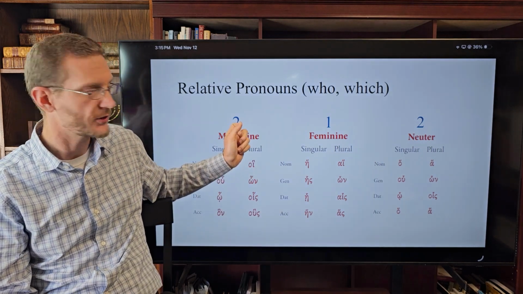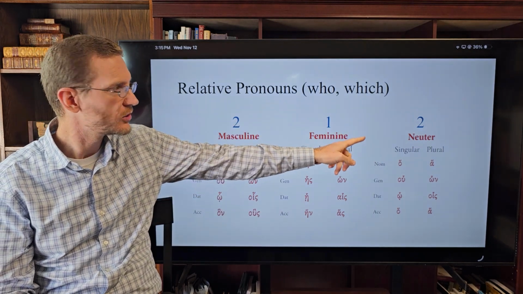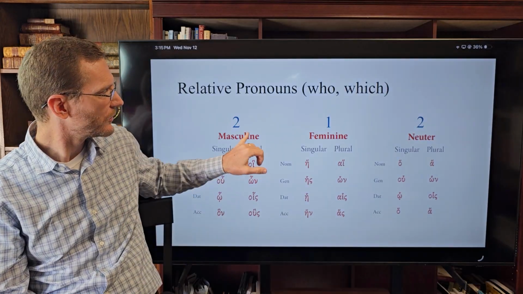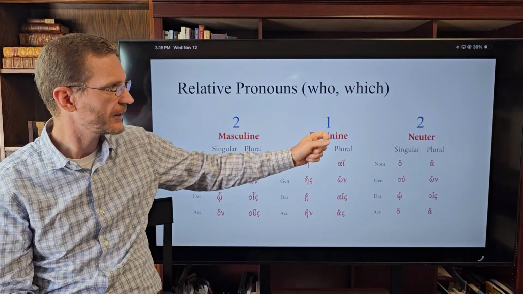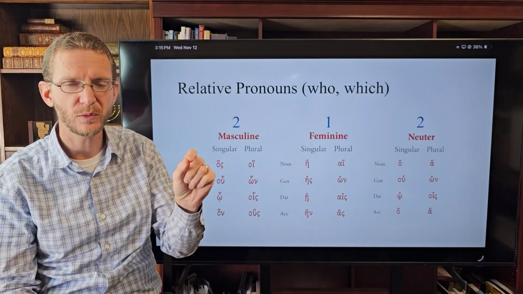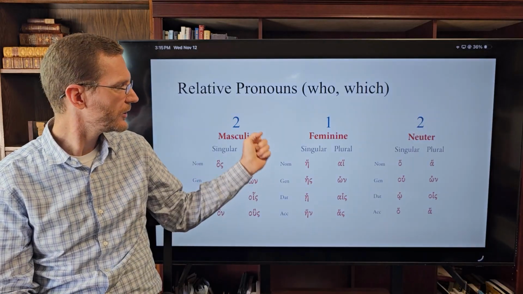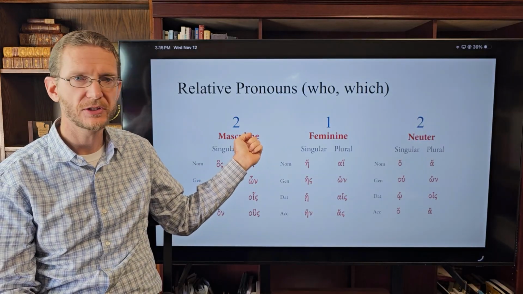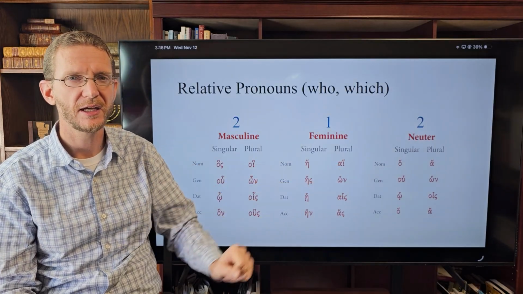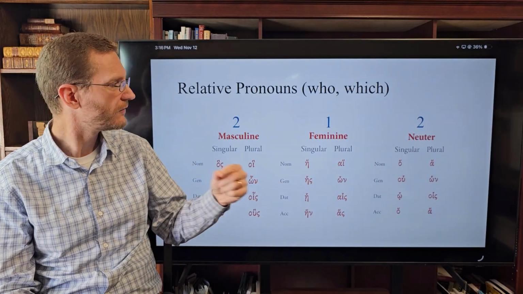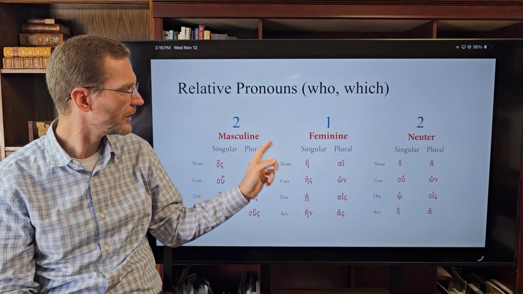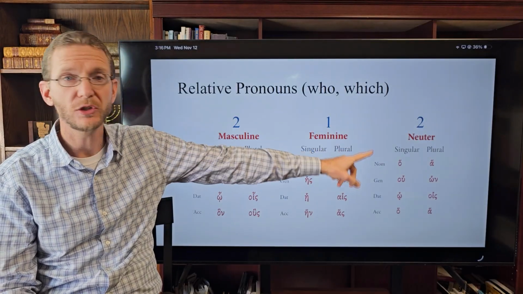Adjectives will follow a 2-1-2 pattern, but not all of them. Some adjectives will follow a 3-1-3 pattern. But when you see that 3-1-3 or 2-1-2, now you know that it follows the pattern of masculine, feminine, and neuter. It's identifying the declension pattern for those genders in that order: masculine, feminine, and then neuter. 2-1-2 in this case.